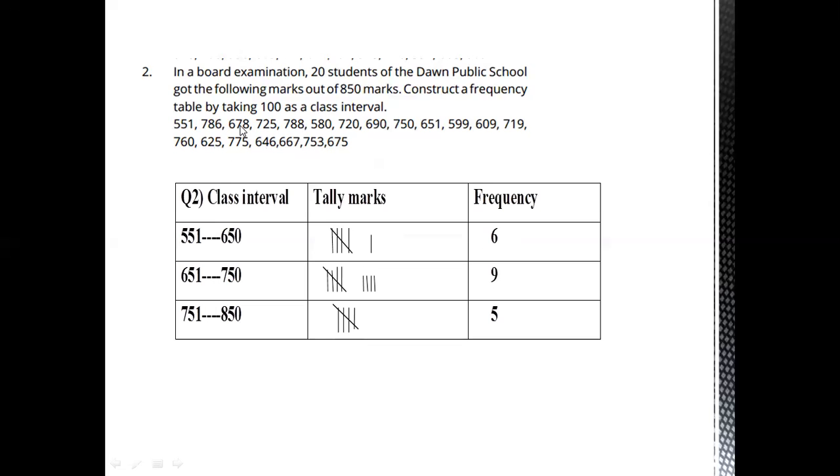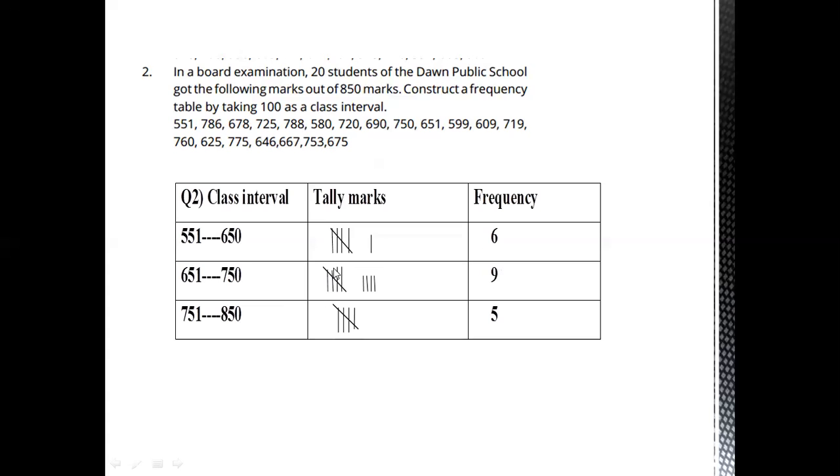So 678, 1. 725, 2. 723, 3. 694, 4. 755 is outside. 651, 6. 719, 7. 640, 667, 8. 675, 9. So 9 student marks lie between this interval.